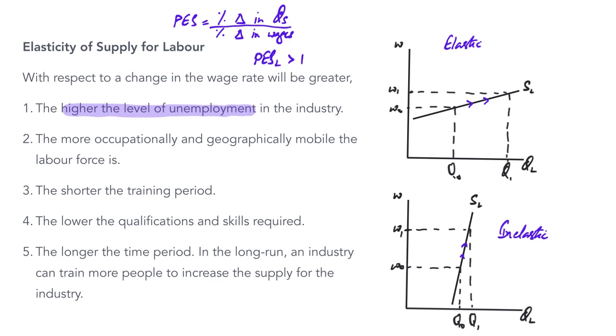Secondly, how easy it is occupationally and geographically for a worker to move. For example, the European Union has more than 20 countries.